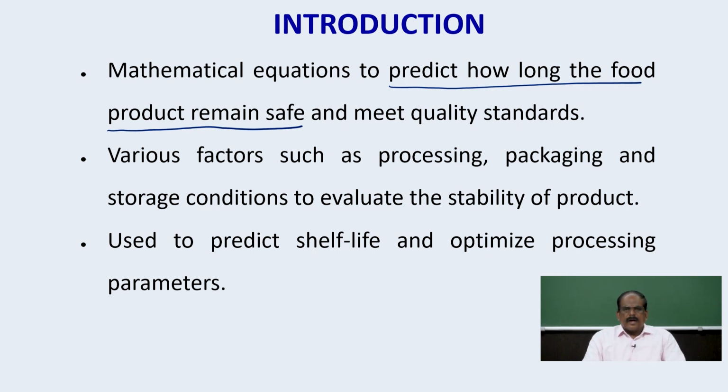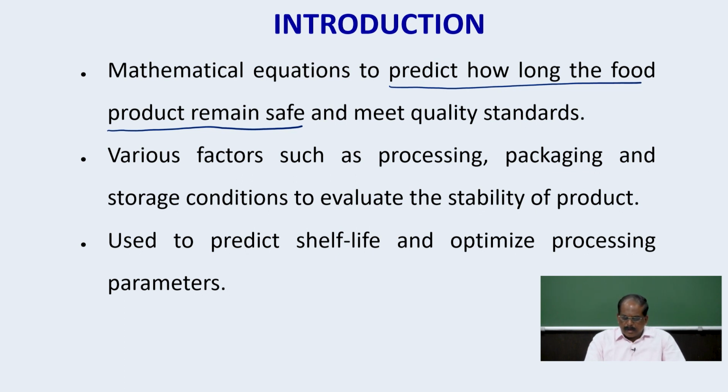As we have seen in the previous lecture, lecture 18 part 2, there are two types of factors, intrinsic factors and extrinsic factors, with 4 to 5 factors under each, which affect the shelf life of the product.